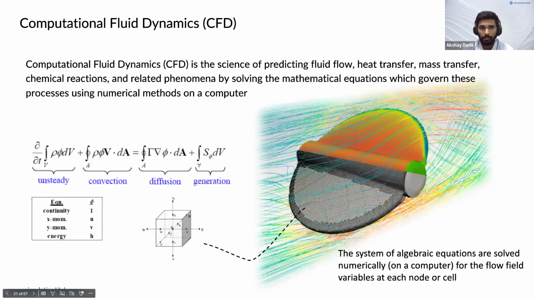Then comes CFD. CFD is the science to predict flow phenomena, specifically fluid flow, heat transfer, chemical reactions, any transport phenomenon that you can model. This is done by modeling mathematical equations and solving numerical methods on a high performance workstation or a high performance cloud. Again, won't go into much detail.